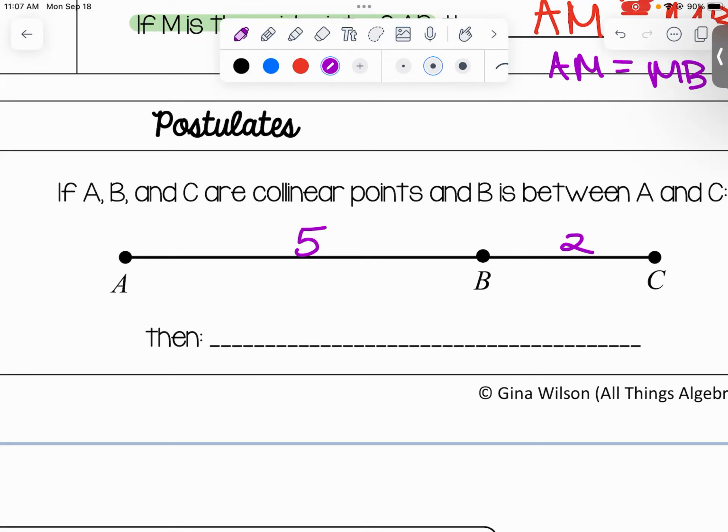You added them together, right? So in terms of this general segment that we don't know the measure of, we know that the piece that is AB plus the piece that is BC is going to equal the entire segment AC. Little piece plus little piece equals big piece.